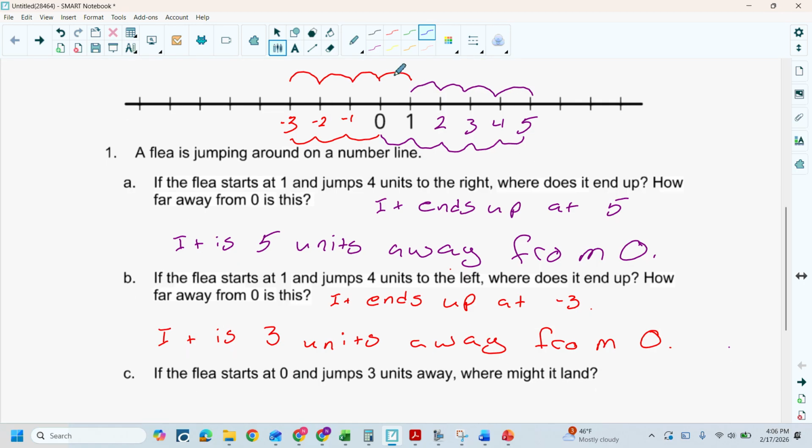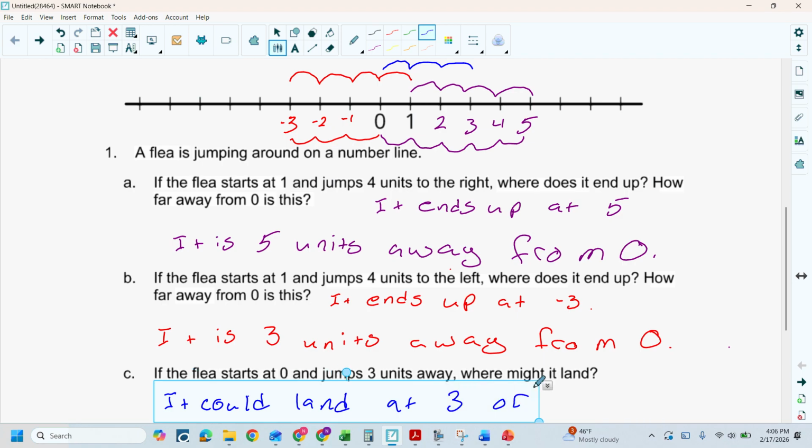Well, if it starts at 0 and goes 3 units away, 1, 2, 3, it could land at 3, if it went right.